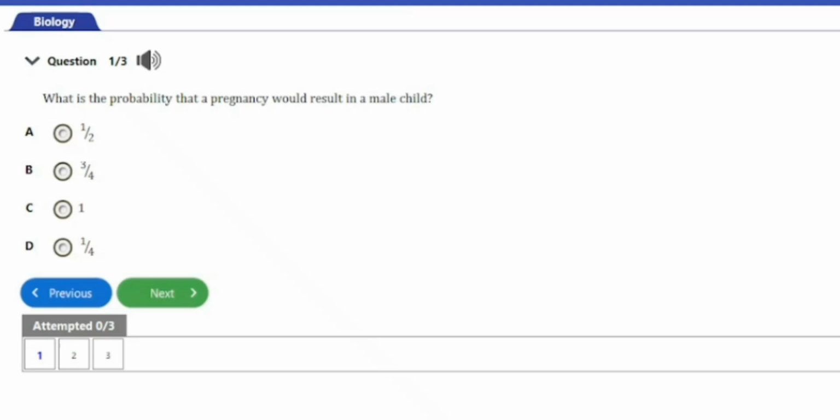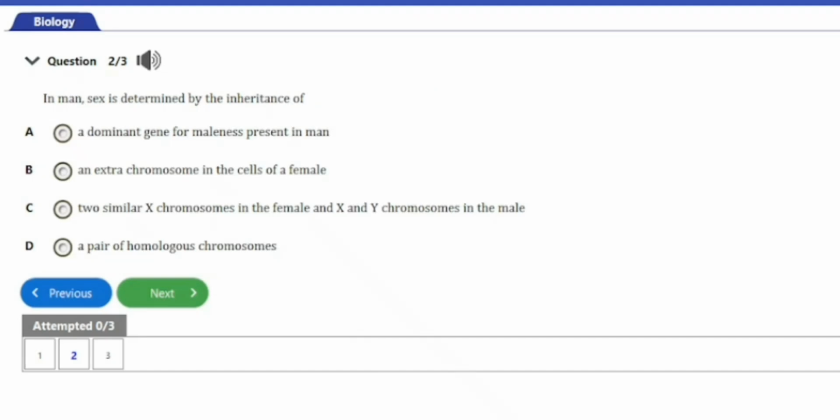So let's go ahead and check out the next question, question number 2. The question says, in man, sex is determined by the inheritance of A. a dominant gene for maleness present in man, B. an extra chromosome in the cells of a female, C. 2 similar X chromosomes in the female and X and Y chromosomes in the male, D. a pair of homologous chromosomes.